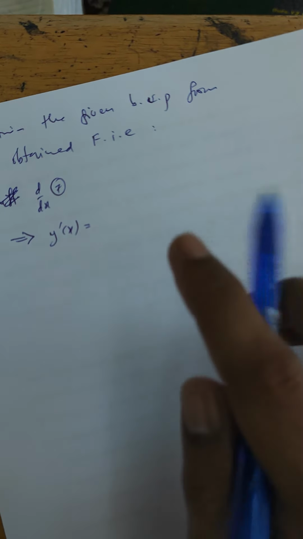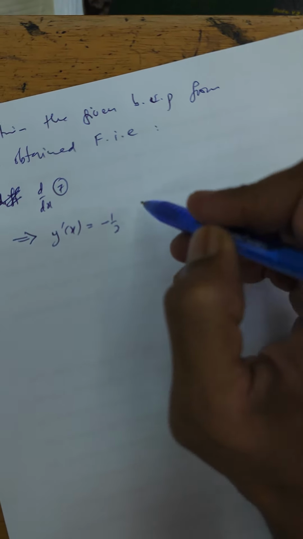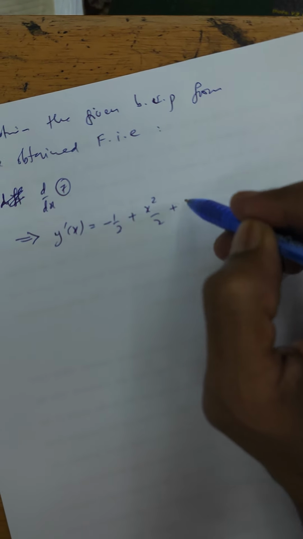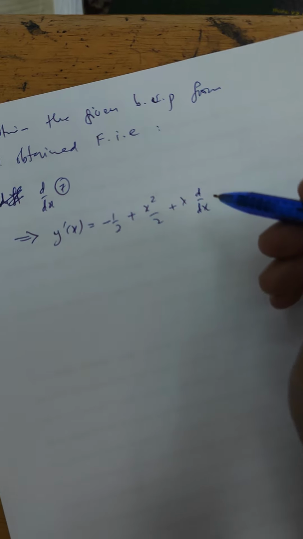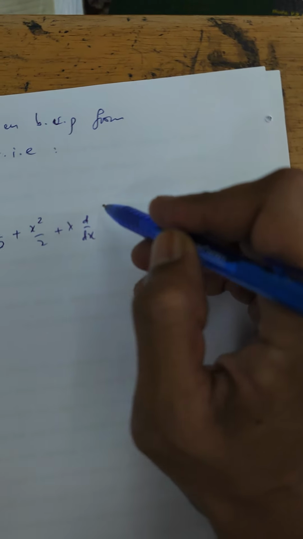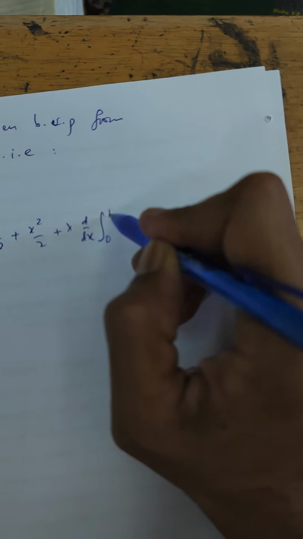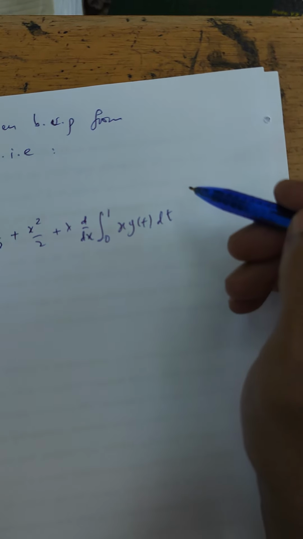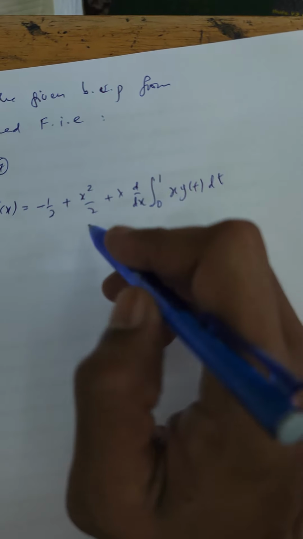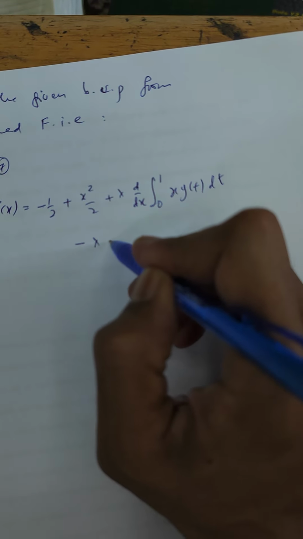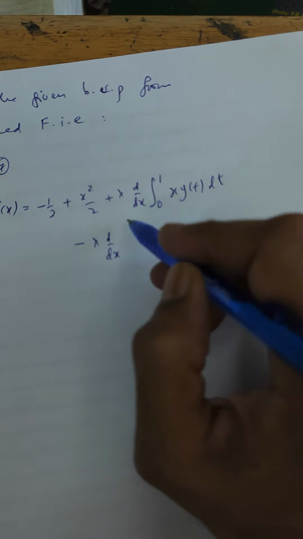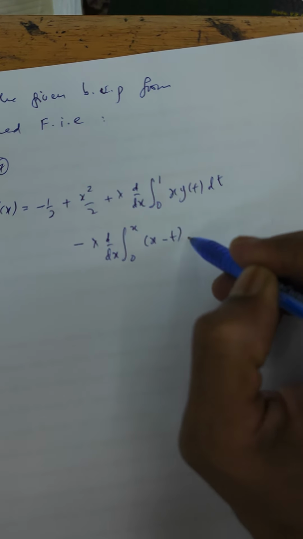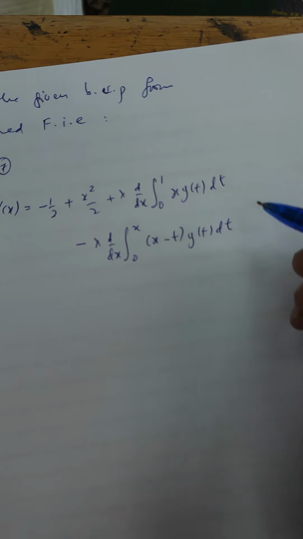This is equal to negative 1/2 plus x squared over 2 plus lambda d dx integrate 0 to 1 x y(t) dt minus lambda d dx integrate 0 to x minus t y(t) dt.